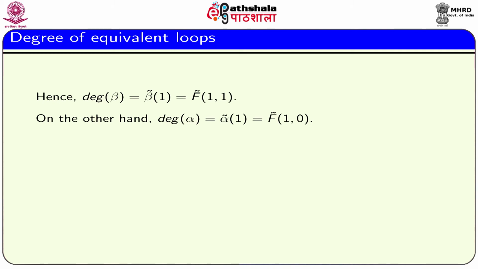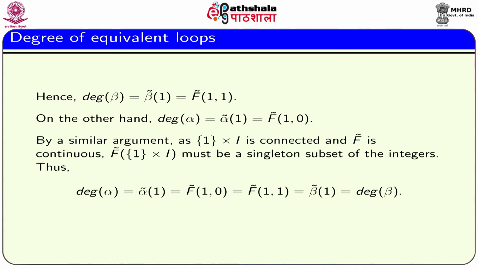Hence, by the definition of degree, degree beta is beta tilde 1, which is F tilde (1,1). On the other hand, degree alpha, which is alpha tilde 1, equals F tilde (1,0). By a similar argument, as the singleton 1 cross I is connected and F tilde is continuous, its continuous image, that is F tilde of 1 cross I, must be a singleton subset of the integers.